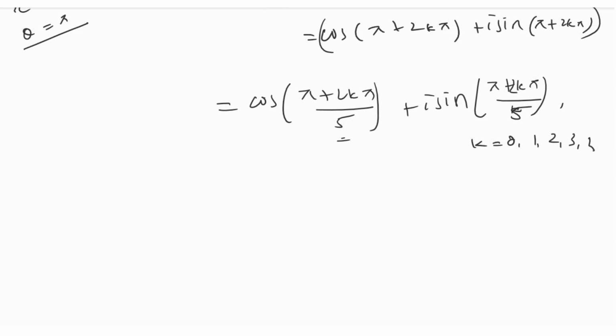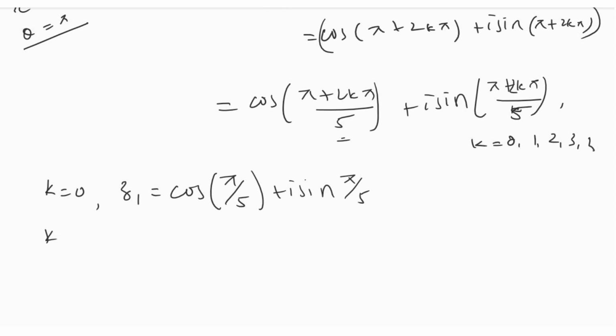For example, k equal to 0, the first root z1 is cos pi by 5 plus i sin pi by 5. K equal to 1, you will have z2, that is cos 3 pi by 5 plus i sin 3 pi by 5.